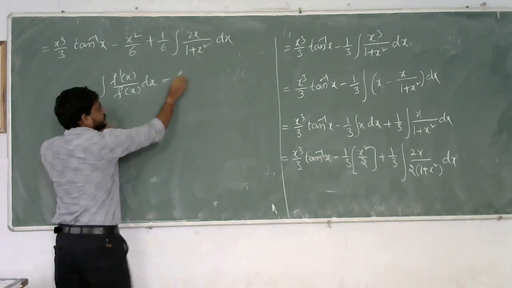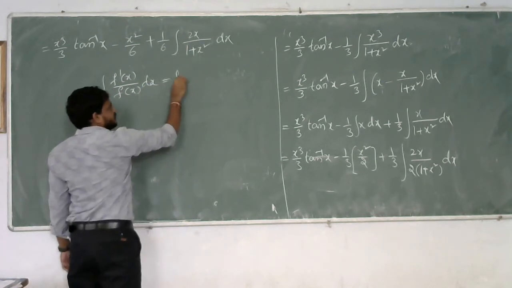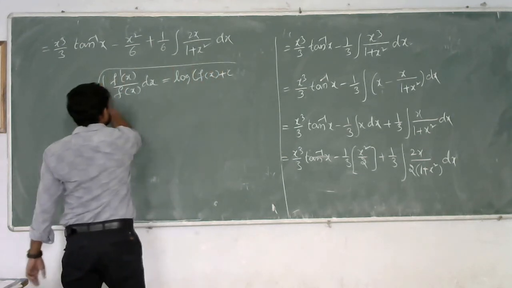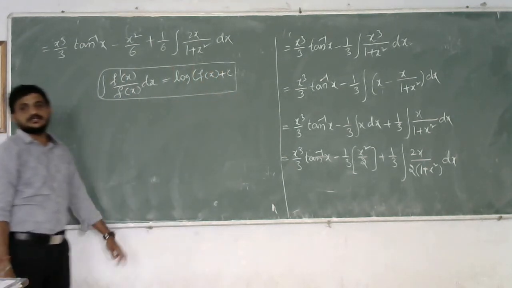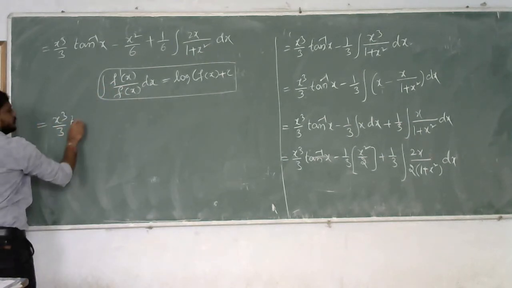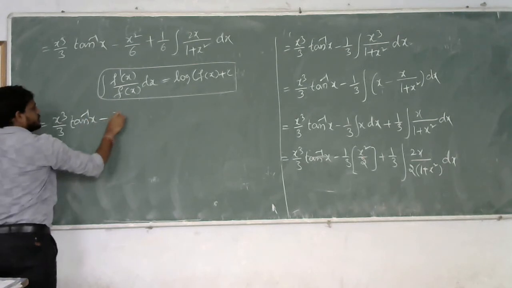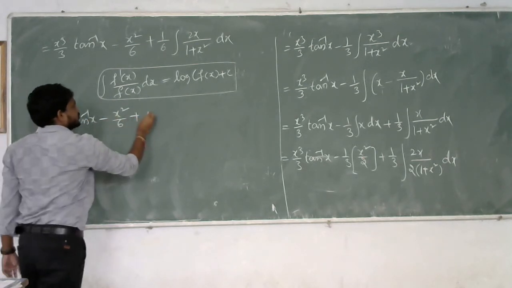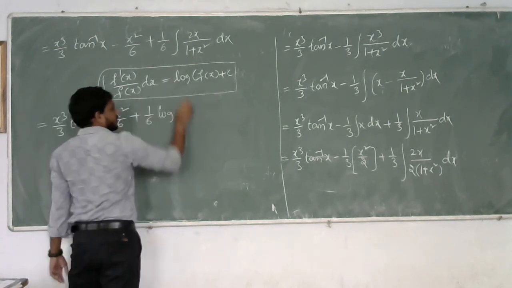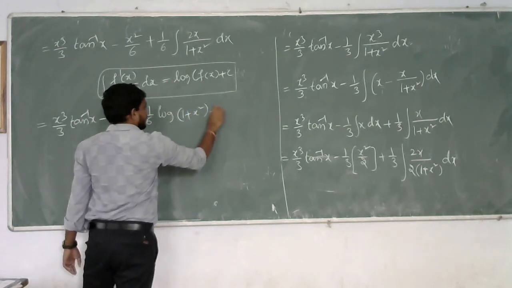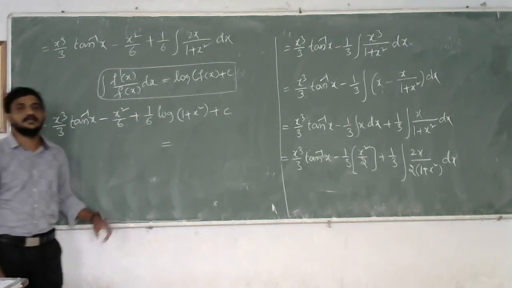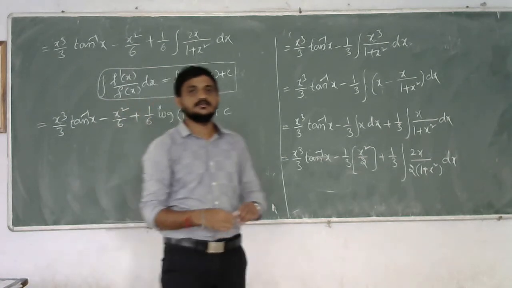For the third term, what is the formula? Log of f of x plus c. Let us apply this formula. x cube by 3 into tan inverse of x minus x square by 6 plus 1 by 6 into log of f of x, that is log of 1 plus x square, plus c. So that is the integral of the given function.